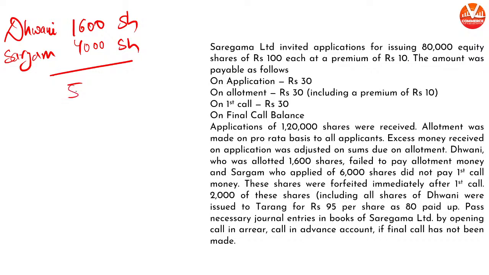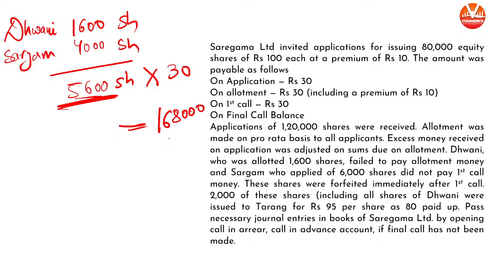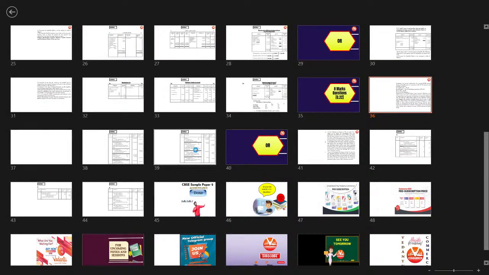So on 5,600 shares, we are not receiving first call of 30 rupees. So 5,600 multiplied by 30, your calls in arrears at the time of first call are 1,68,000.